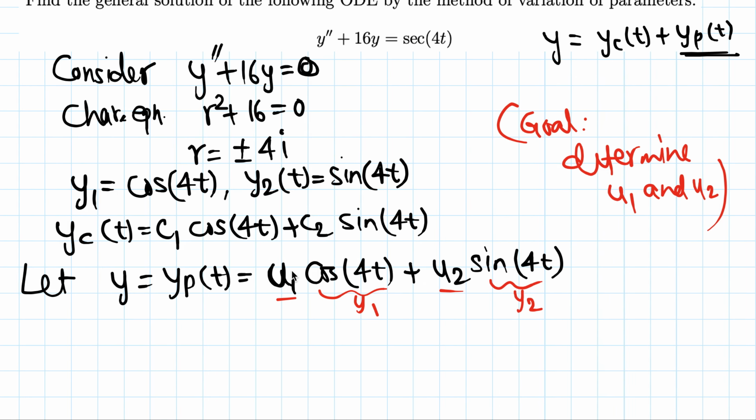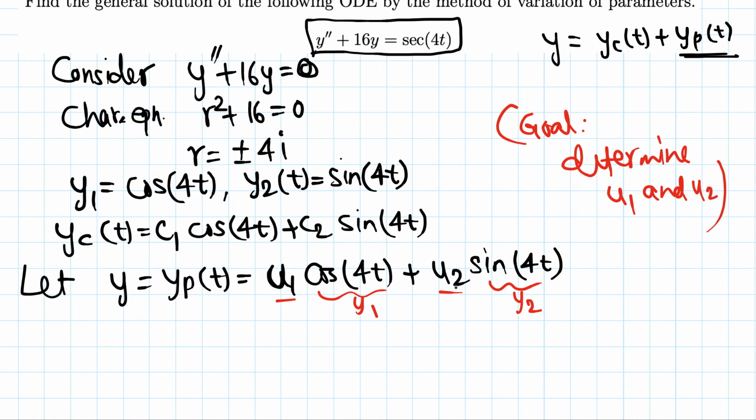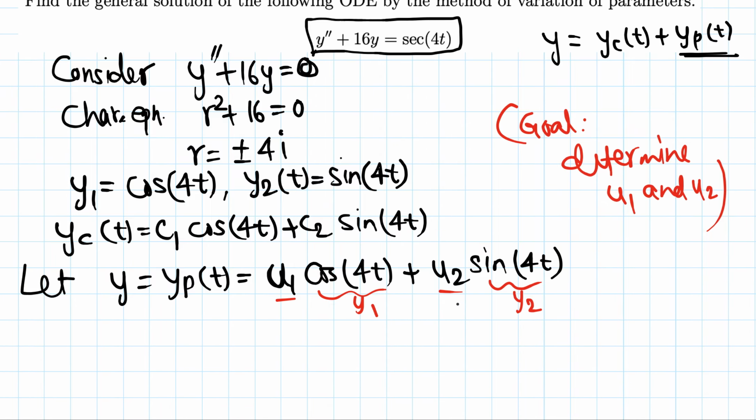Now to determine the functions u1 and u2, this yp is a solution of the whole equation, so we plug this y in. That means we need the second derivative of this function plus 16y, which equals secant 4t. From there we should be able to find u1 and u2.